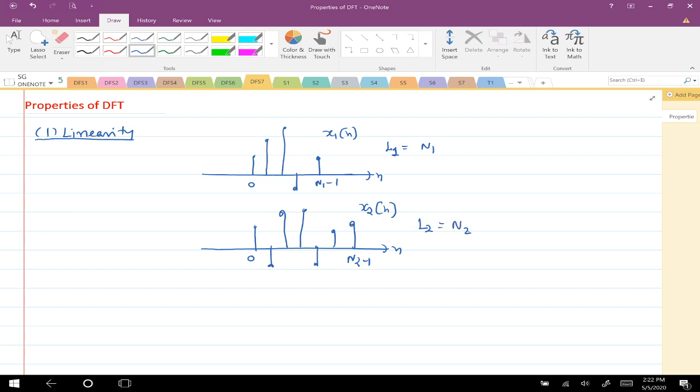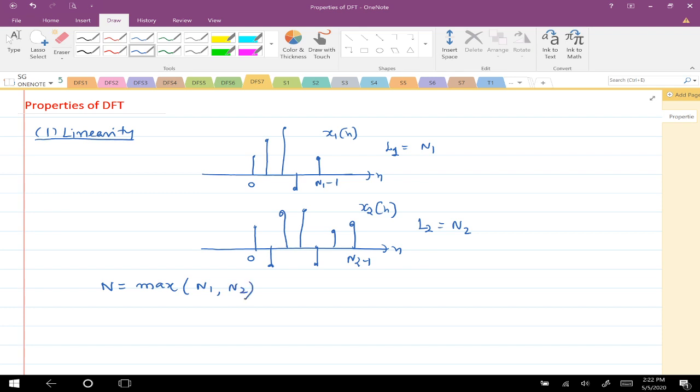Now, any idea on which point DFT we have to compute here? Well, all you need to do is, for the n point DFT, your n has to be the maximum of n1 and n2. That's what you would use while applying this property.